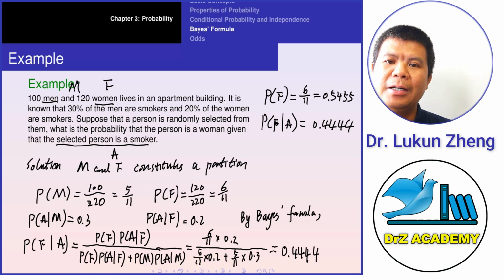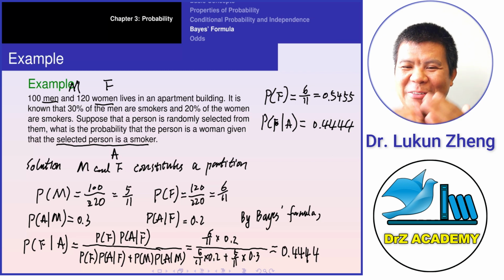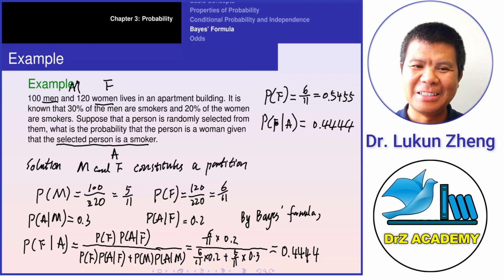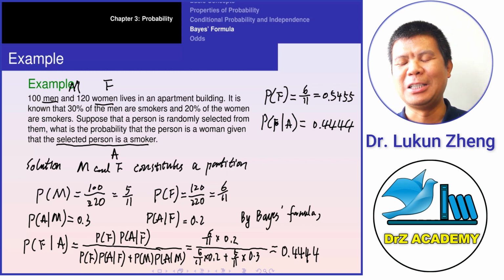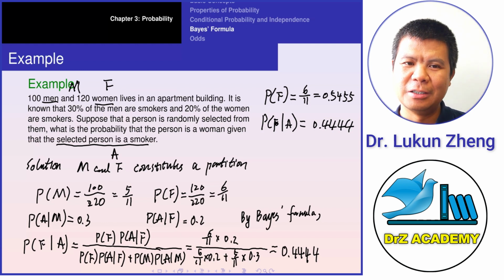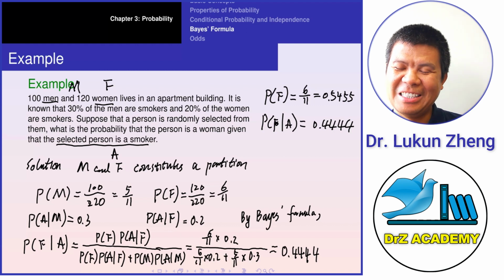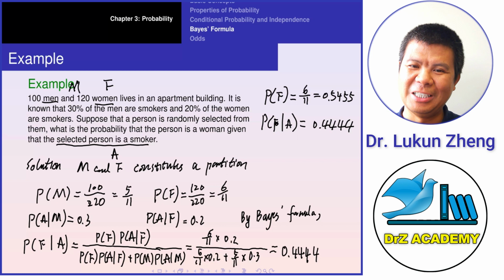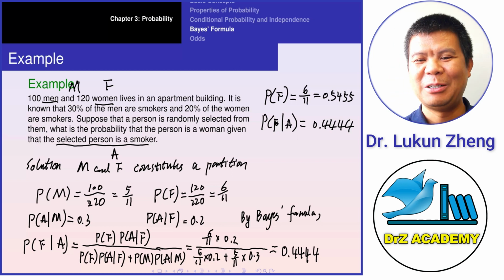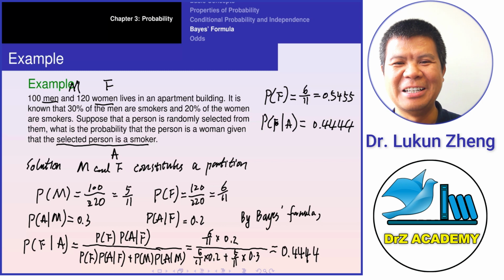So this is the Bayes theorem. You have a prior probability of being a woman of 0.5455. Now, if I give additional information that this selected person smokes, the probability that it's a woman became 0.4444. It's like updating the probability of a woman given additional information. That's what Bayes' theorem did. Very good. That's about the Bayes formula.